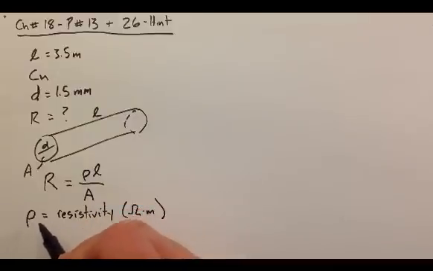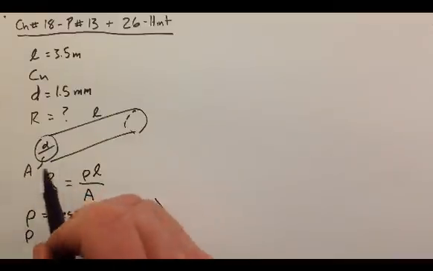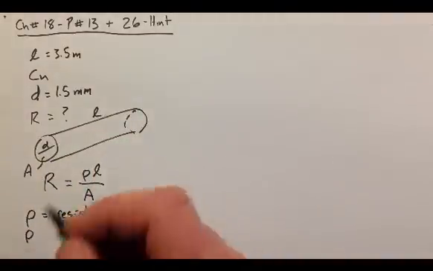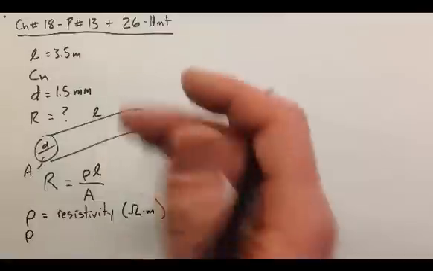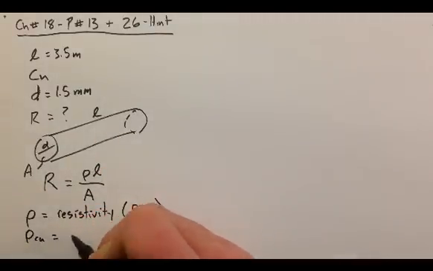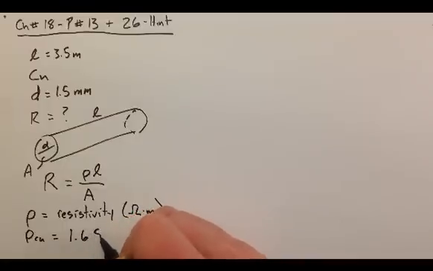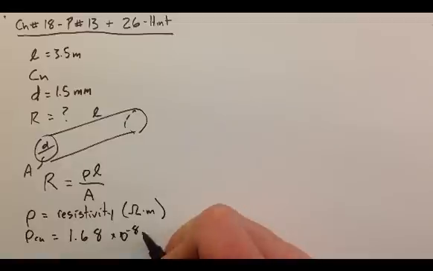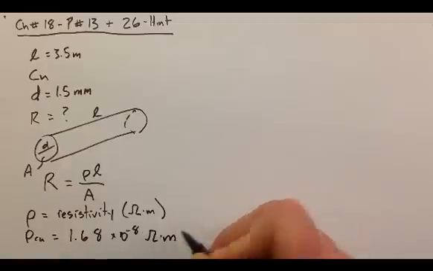Okay, so rho is the resistivity, and it's a property of a material, whereas resistance is a property of just a certain chunk of material or a certain object. So from the book there, we saw that the resistivity of copper is 1.68 times 10 to the minus 8th ohm meters.